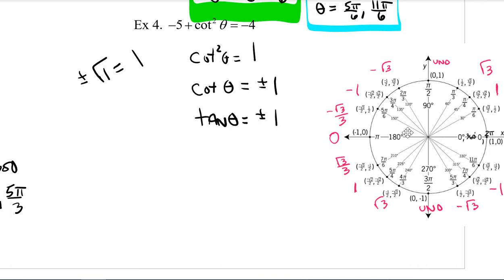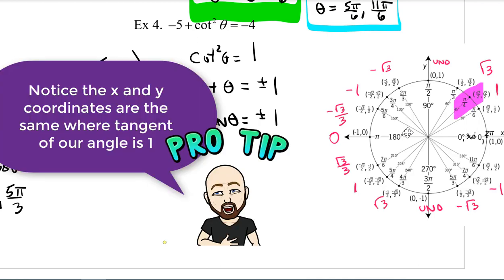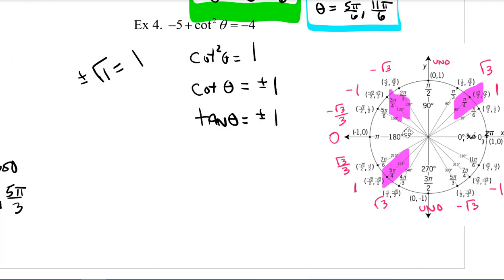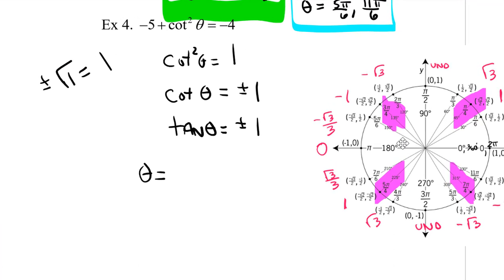Tangent is going to be positive 1 at these 2 values right here. Positive 1 will occur at pi over 4, and then across the unit circle, 180 degrees later, at 5 pi over 4. And then it'll be negative 1 at 3 pi over 4, 135 degrees, and then down here at 315 degrees. So we'll write our degree answers first.